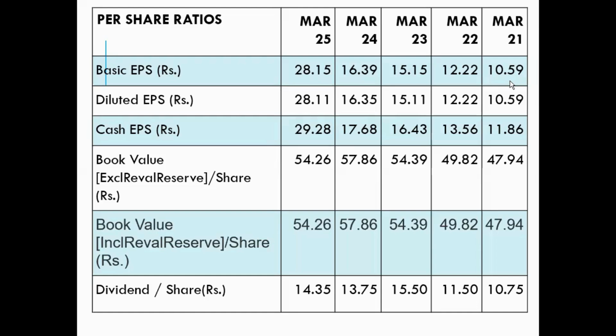Cash EPS is 29.28 for 2025, 17.68 for 2024, 16.43 for 2023, 13.56 for 2022, and 11.86 for 2021.